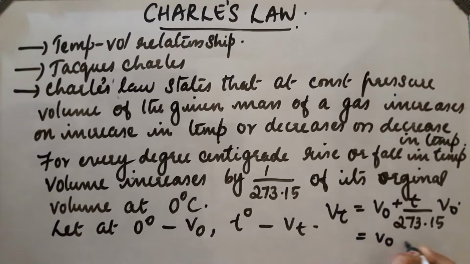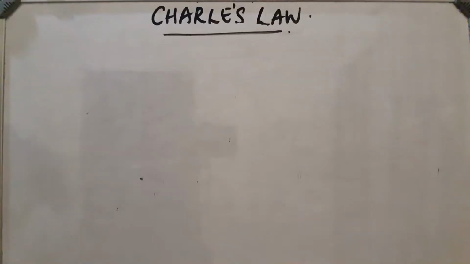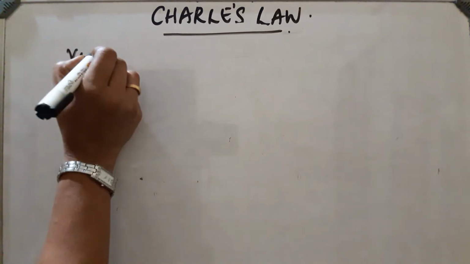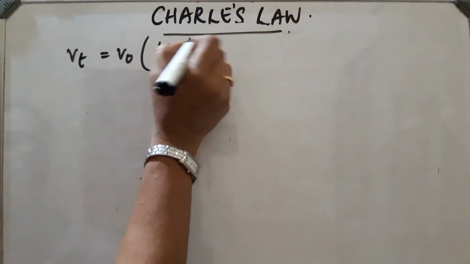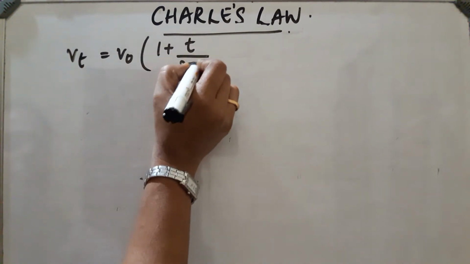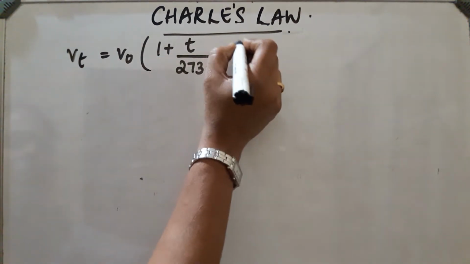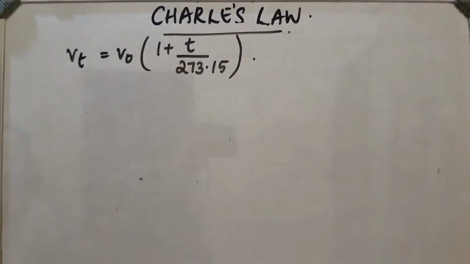Or we can write Vt equals V0 into 1 plus T by 273.15. This will be the volume Vt.